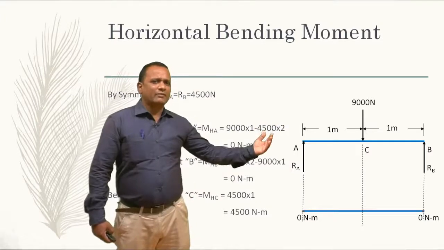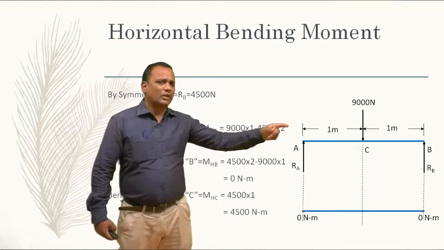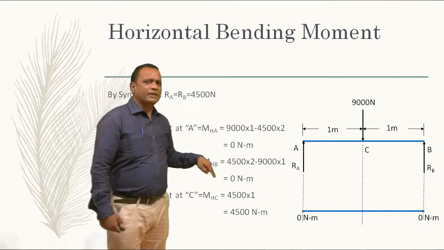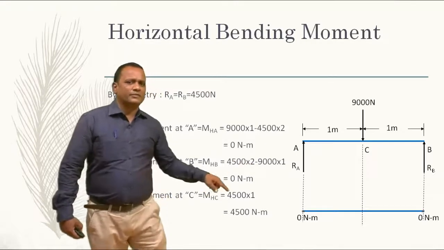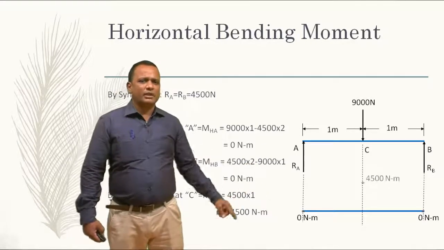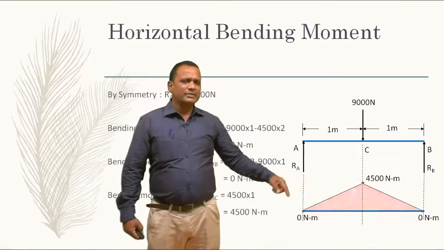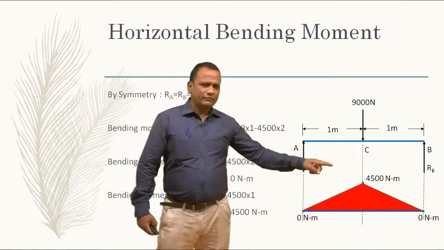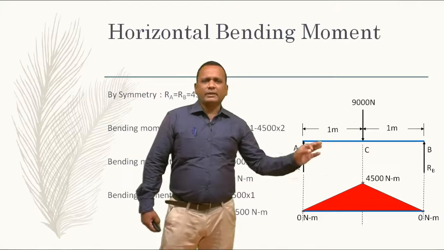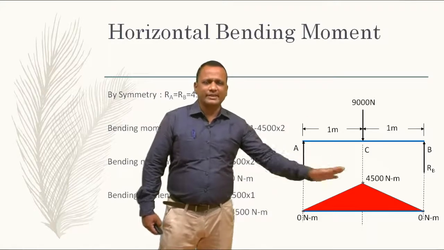Since I will be considering the right side, and it's clockwise, 4,500 into 1, so 4,500 Newton meter. I'll mark 4,500 Newton meter on the reference line, then join these lines and shade it up. This point reflects the maximum horizontal bending moment in this case.